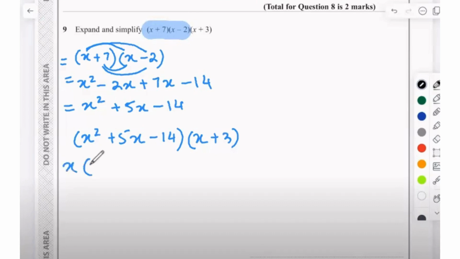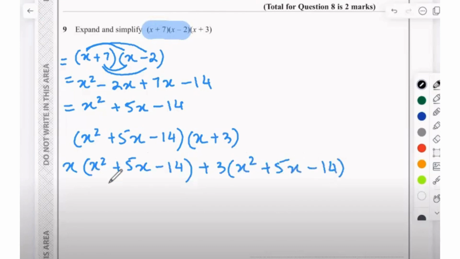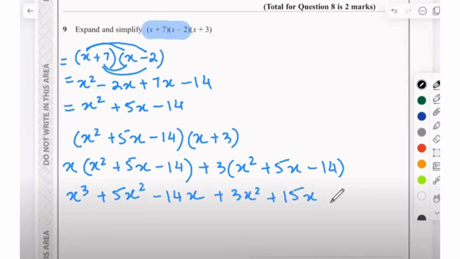So by that I mean x times (x squared + 5x - 14), and then plus 3 times (x squared + 5x - 14). So that's going to be x cubed plus 5x squared minus 14x, then plus 3x squared plus 15x minus 42.